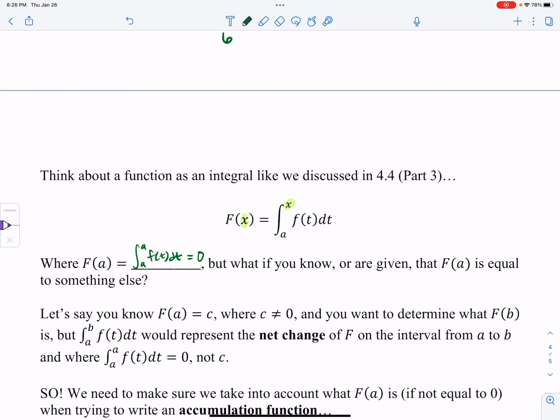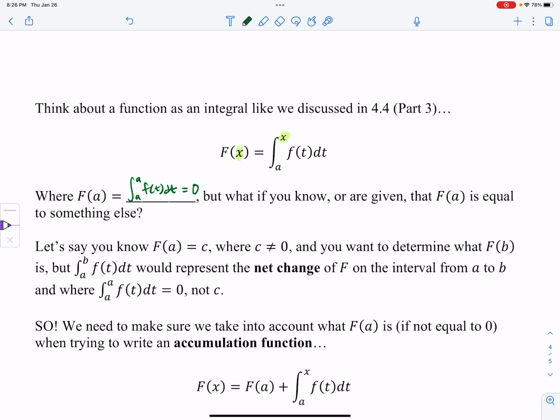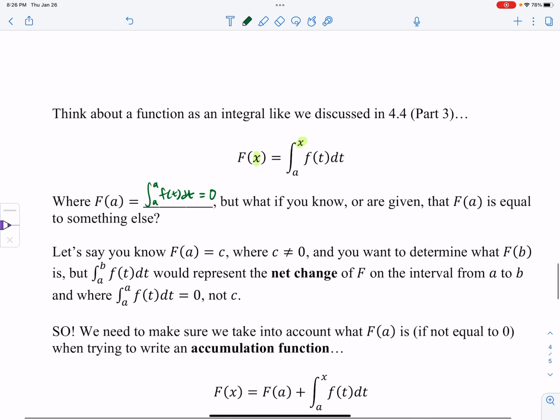Like, what if you are given a function value for capital F, or whatever the antiderivative of the function that you're integrating is? So let's say that you know that capital F of a is equal to c, where c is not equal to 0.